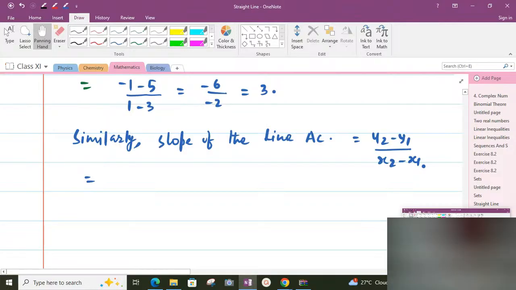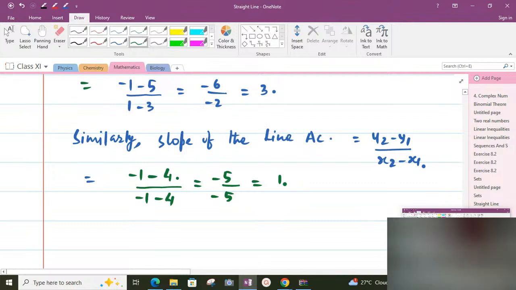The coordinate of C is (-1, -1), so here it will be minus 1 minus 4 by minus 1 minus 4, which equals minus 5 by minus 5. After cancelling out, we get 1.